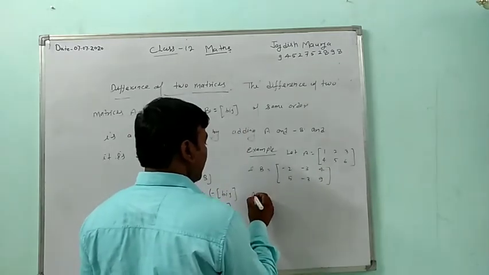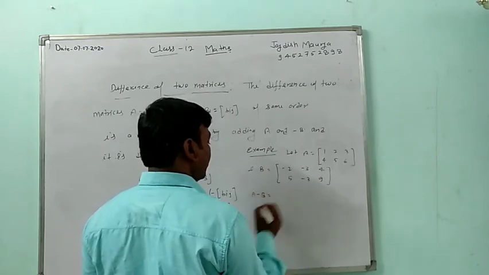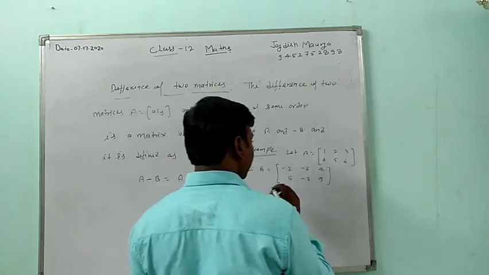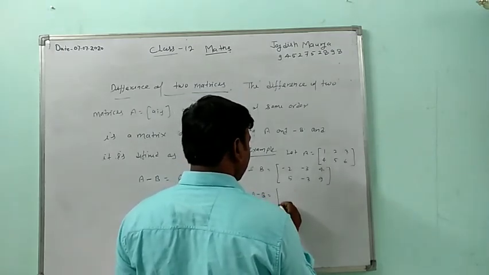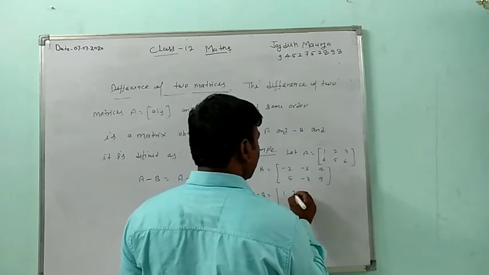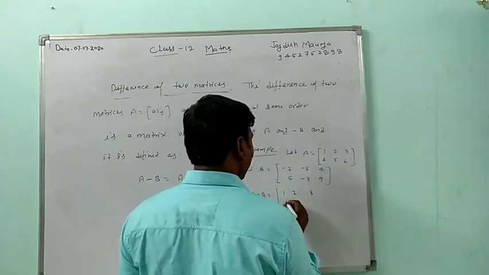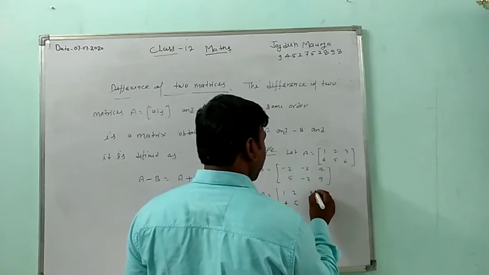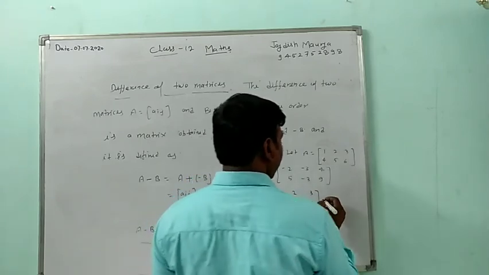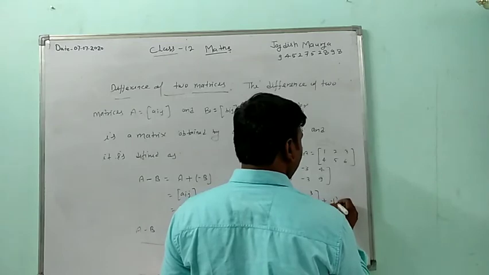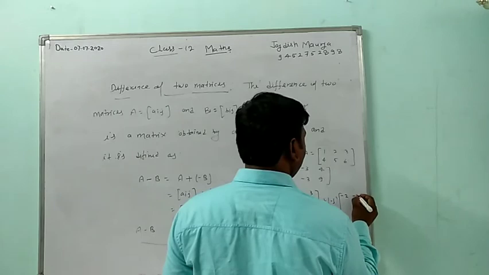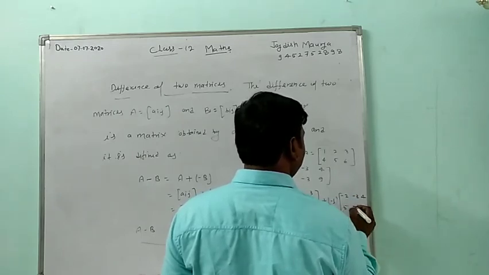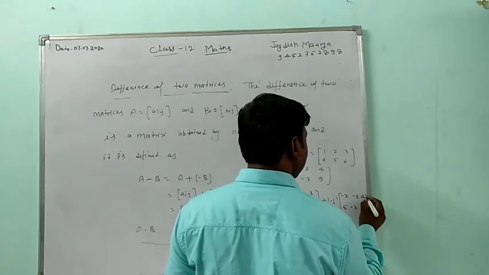Then A minus B equal to 1, 2, 3, 4, 5, 6 plus minus 1 into Bij, minus 2, minus 3, 4, 5, minus 3, 9.